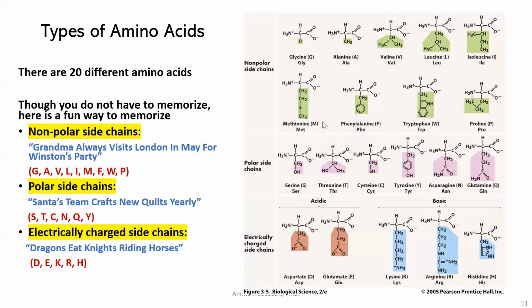Now, let us look in contrast at why these are polar. These are polar because, in addition to the carbon, they also have a hydroxyl group or a sulfhydryl group. This is oxygen with hydrogen, this is sulfur with hydrogen. And that's a combination of nitrogen and oxygen. Any of these would make these polar.